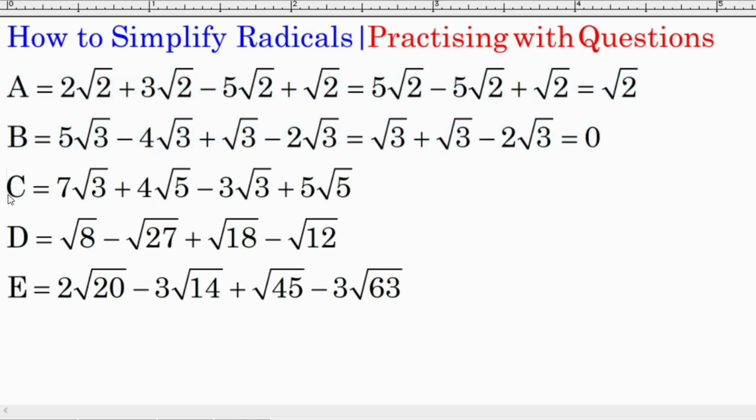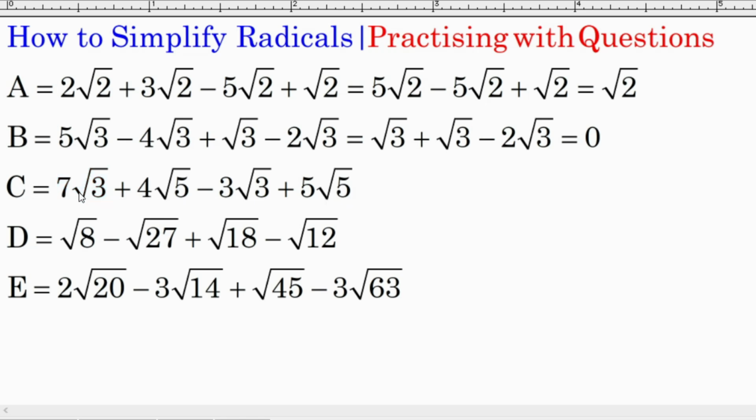As we can see, we have question C, which is equal to 7 square root of 3 plus 4 square root of 5, and then minus 3 square root of 3, and then plus 5 square root of 5. As we can see, we don't have the same radical.